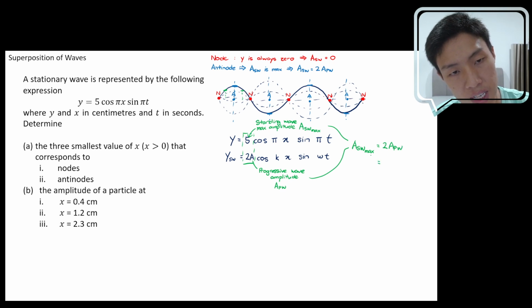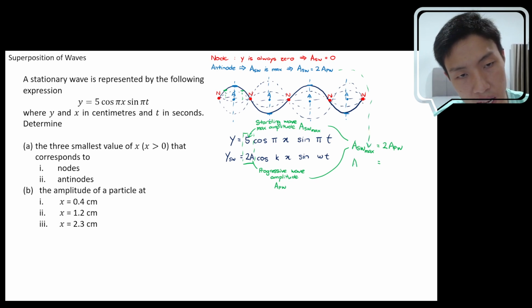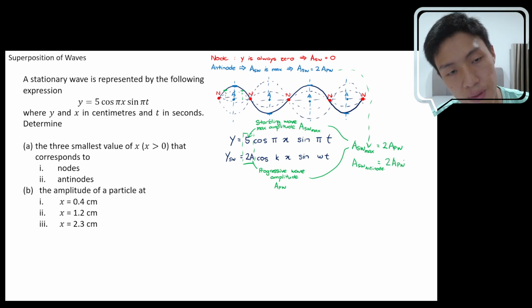And we know that maximum happens at the antinode. That's why you can say that A standing wave at the antinode is equal to 2 times the amplitude of the progressive wave.